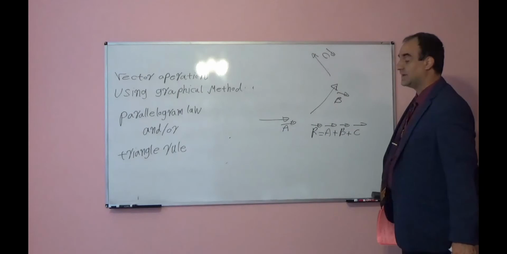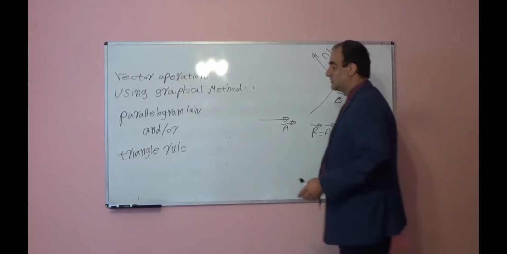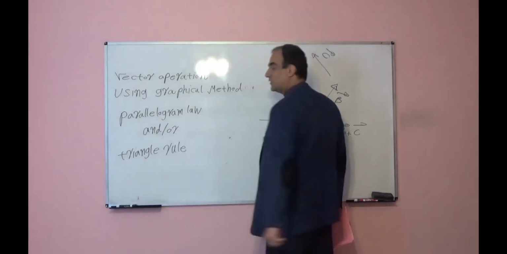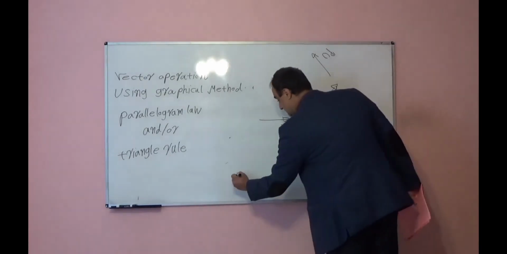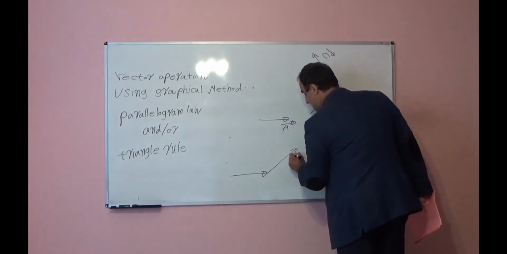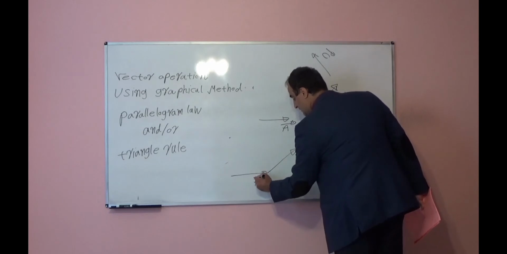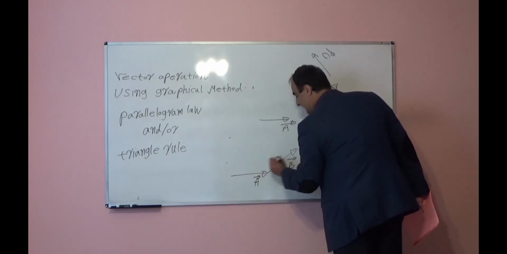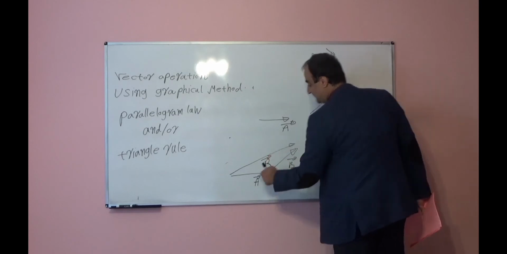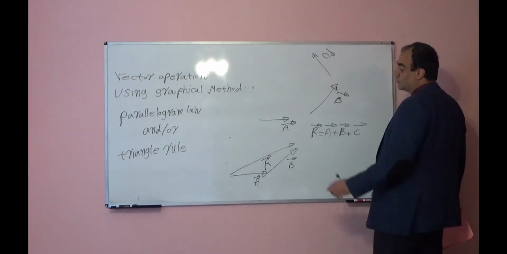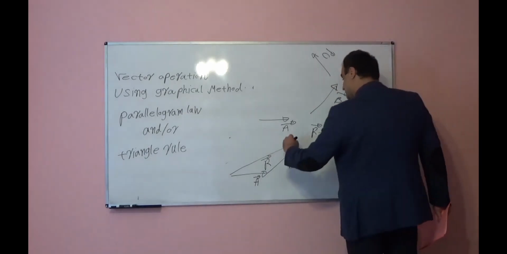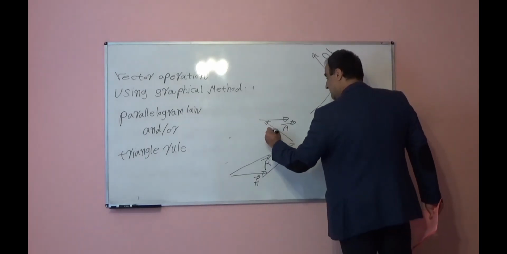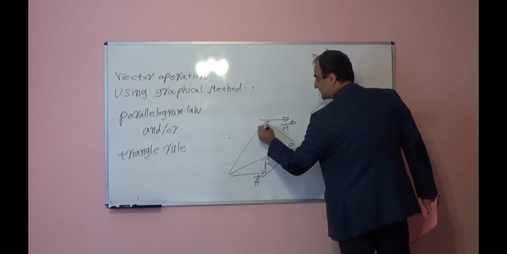You can again follow, for example, the triangle rule or parallelogram law. You will choose the first 2 vectors, vector A and vector B, and find the resultant vector for A and B. Then you will add this resultant vector to vector C. Again, you will make another triangle.